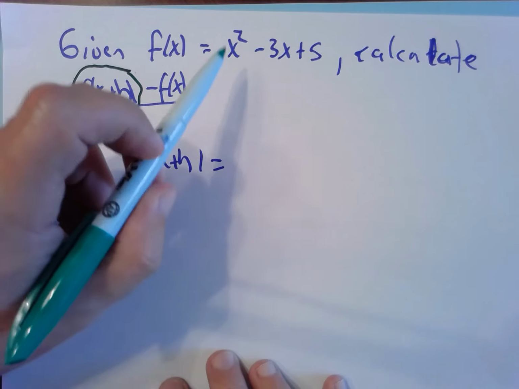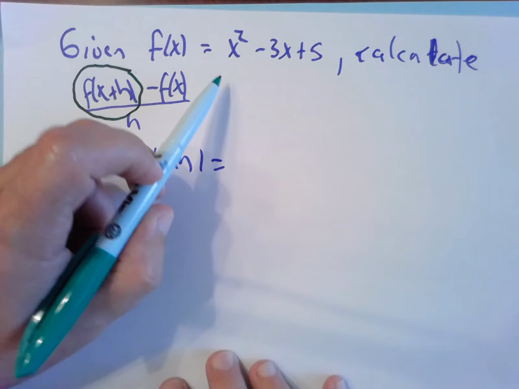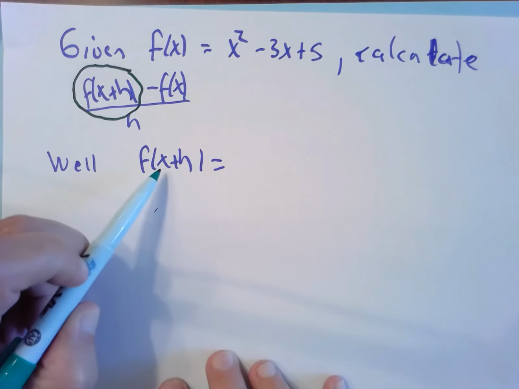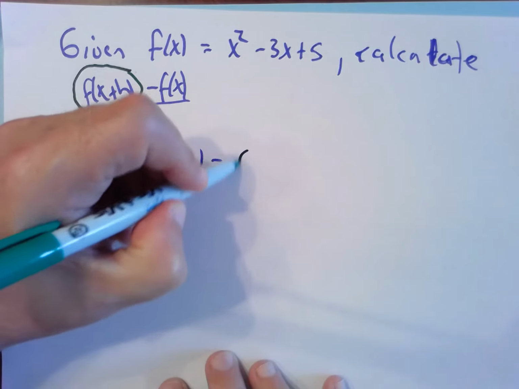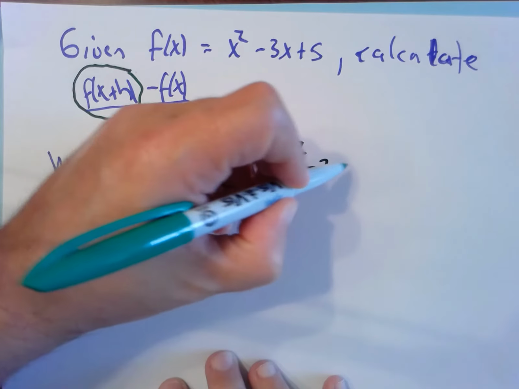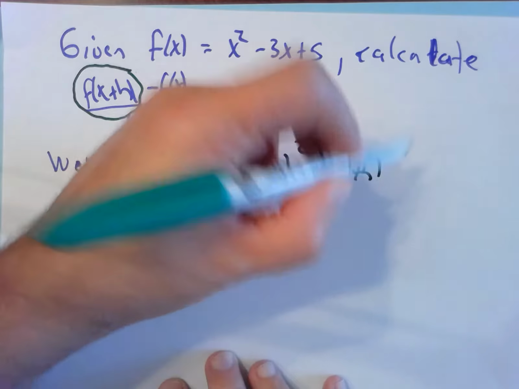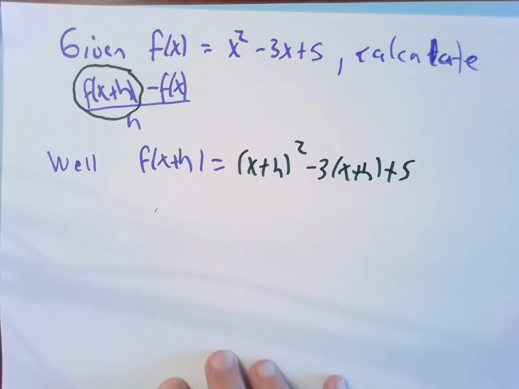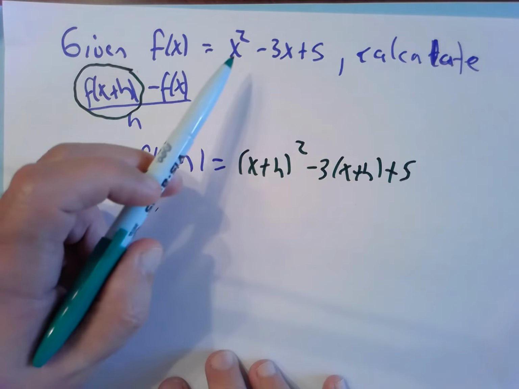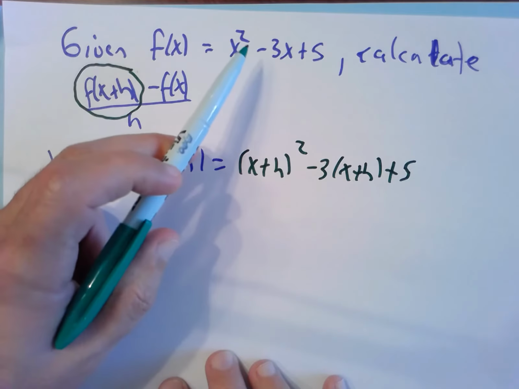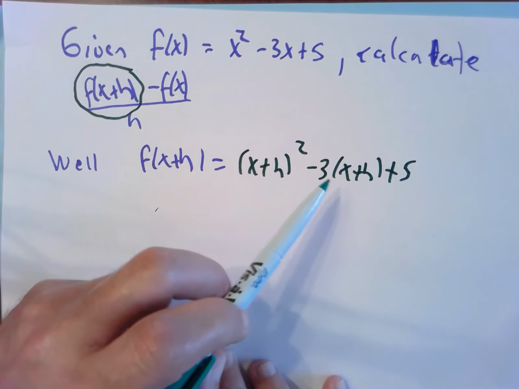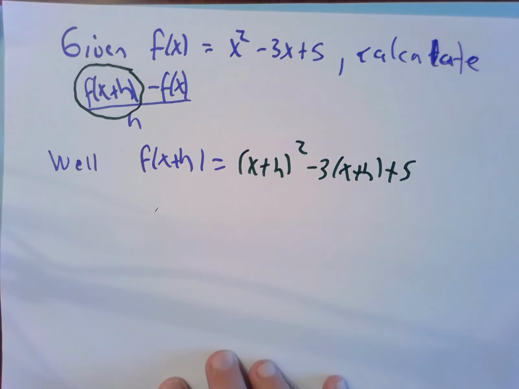What this means, rewrite your whole function, but now instead of writing x here and here, I'm going to write x plus h. So f of x plus h is x plus h squared, in parentheses, minus 3 times x plus h, plus 5.